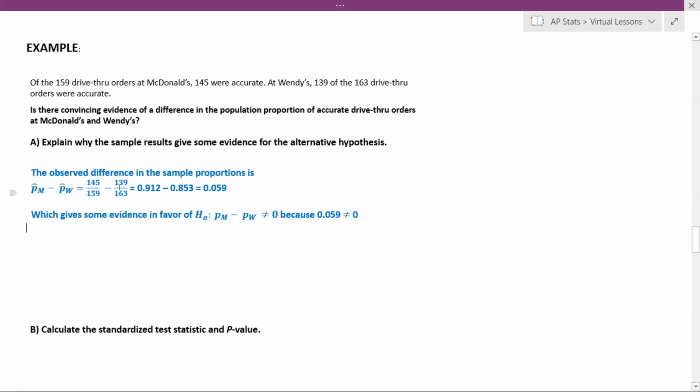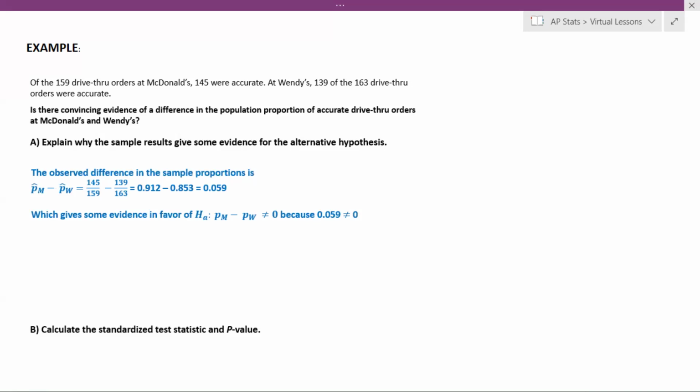We calculate those proportions, subtract them, and you get 0.059. Small value, but that does give some evidence in favor of the alternative hypothesis that the difference is not zero, because 0.059 is not equal to zero.